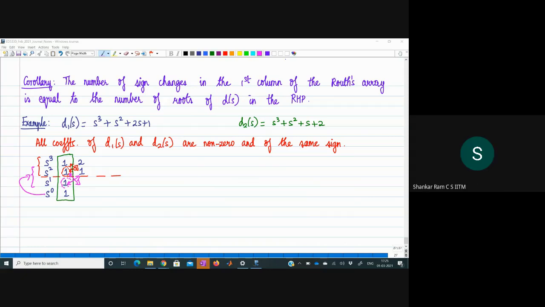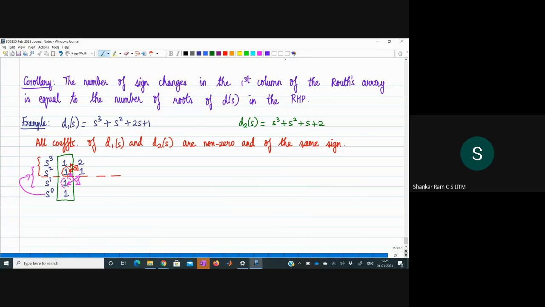Okay. So now, if you look at the first column of the Routh array, we can see that all coefficients are non-zero and there are no sign changes, right? You can see that all numbers have a positive sign. For the time being, let's not worry about the fact that all the coefficients happen to be +1.